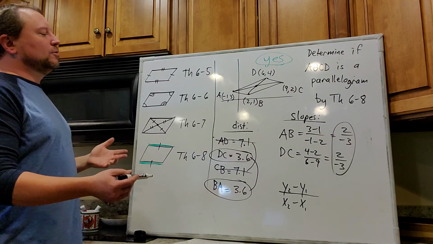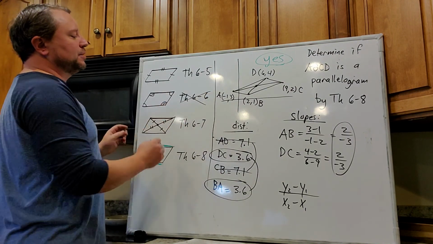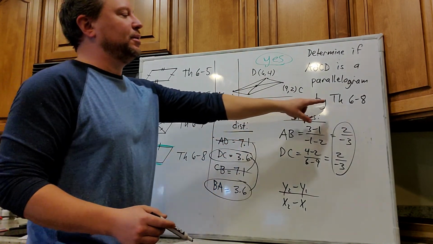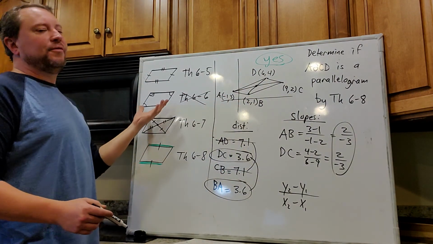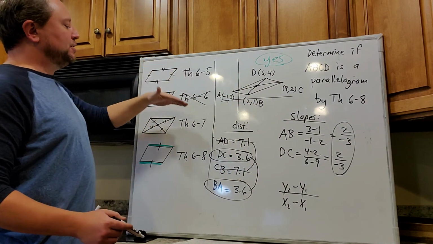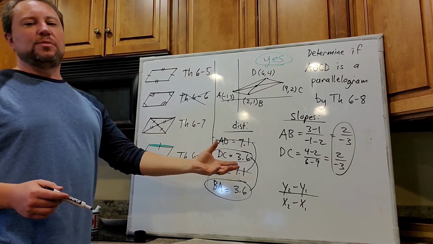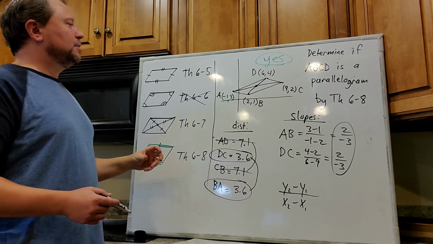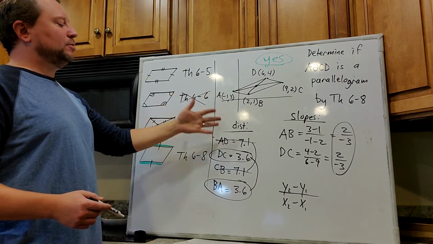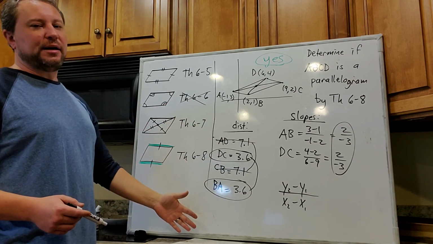Okay? So on those problems, they'll never use theorem 6-6 as a way to justify it given coordinates, because I can't find angles. But depending on each of these, depends on what you should be showing me for work. And please show me your work on these problems. So if I say theorem 6-5, you should have done all the distances of all the sides.